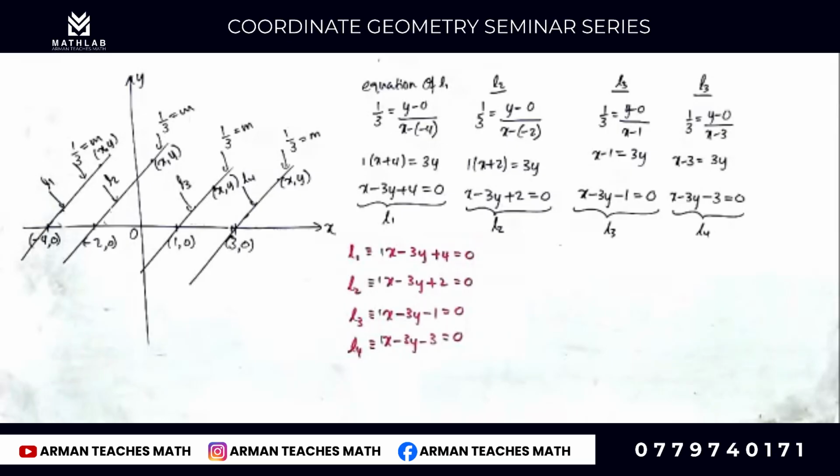If two straight lines are parallel. Two is just easy to compare, we can have multiple straight lines.